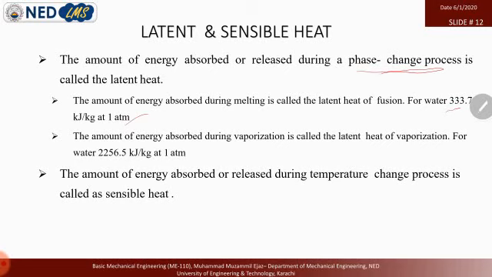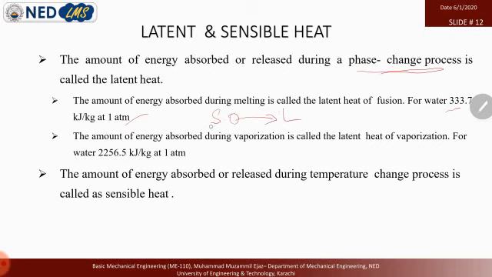Latent heat is nothing but the energy required to convert one form to another, or the energy absorbed or released during the phase change process for any substance. Process one is a melting process, where the solid form converts into the liquid form.